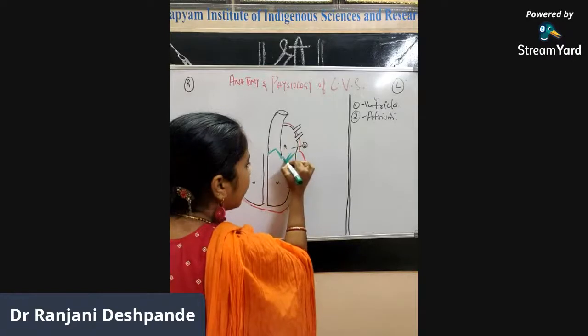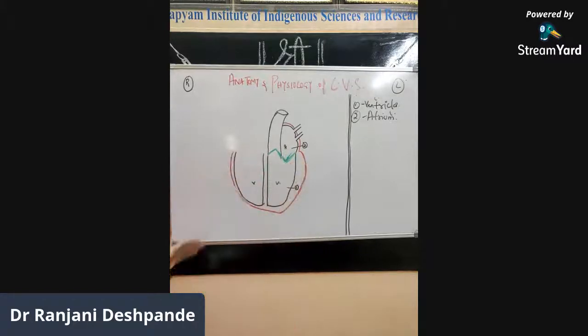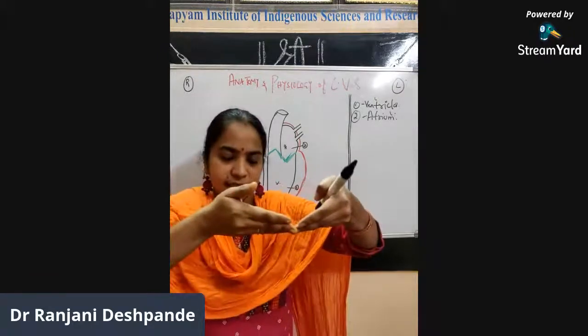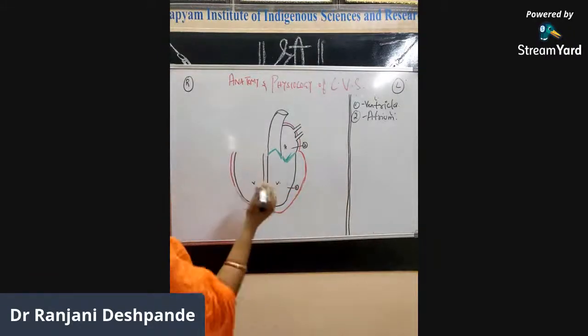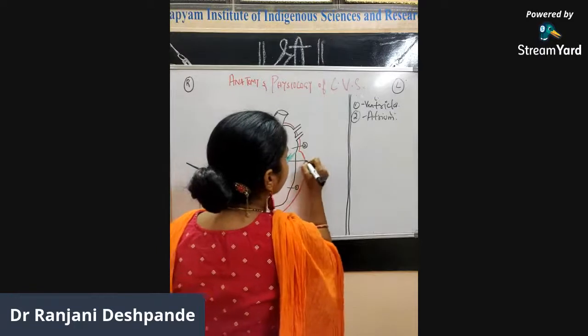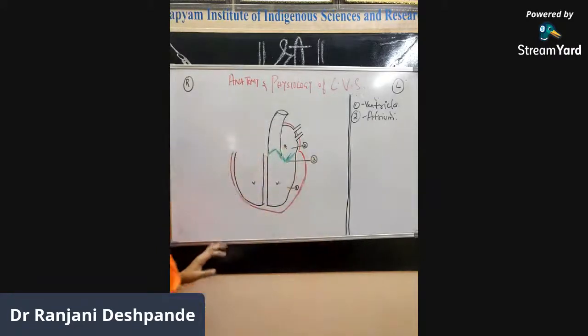Now this atrioventricular valve is made up of 2 cusps. So it has 2 cusps like this. That is why this atrioventricular valve is also called the bicuspid valve or the mitral valve.